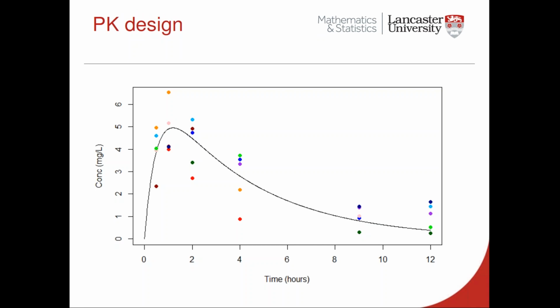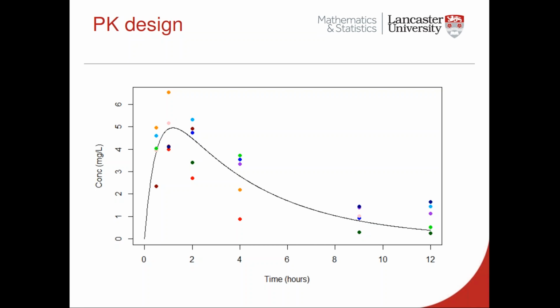So the challenge in this PK study context is that we obviously don't know what that black line is. And so to some extent, we want to understand what the relationship is between the concentration over time. And at the same time, we want to have meaningful summaries for this behavior of changing concentration as time goes on.